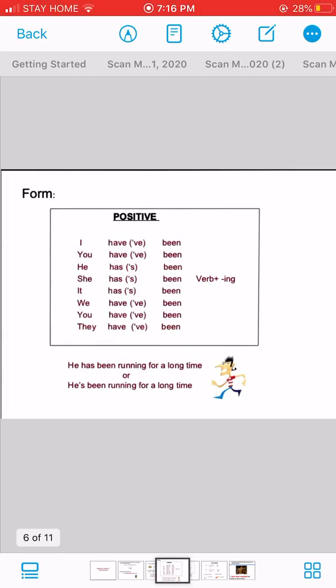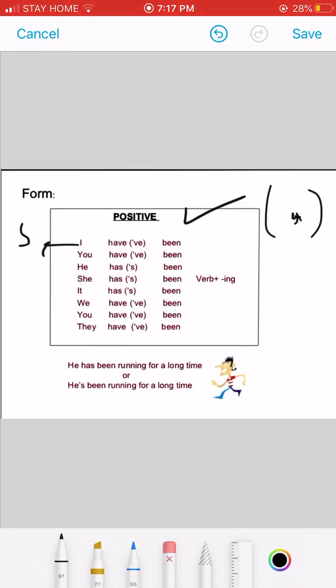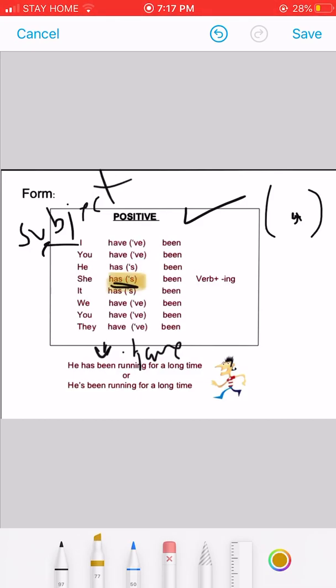The affirmative form for the present perfect progressive or present perfect continuous. In the positive, or affirmative, it starts with the subject, then the verb to have. If the subject is singular, the verb to have will be has.